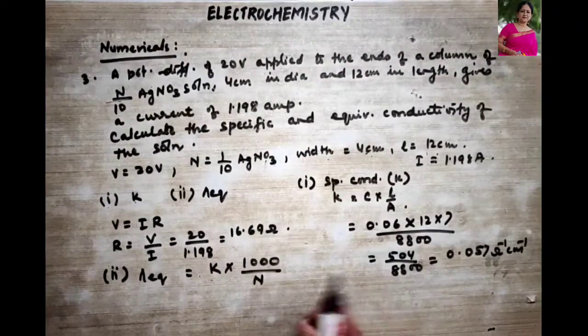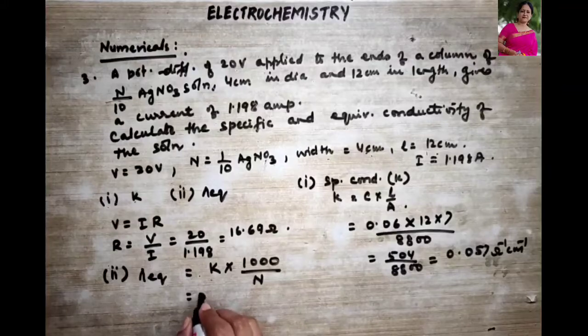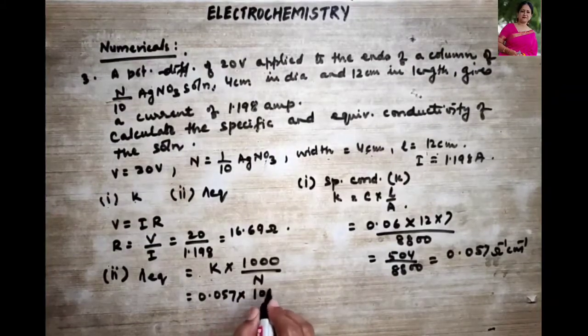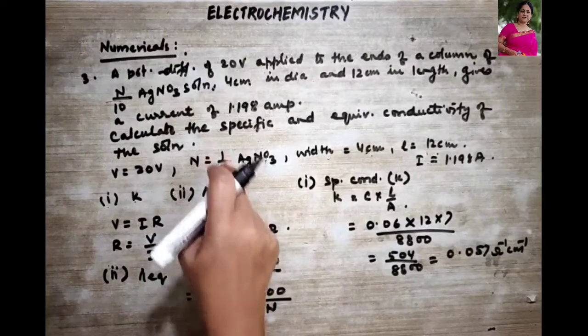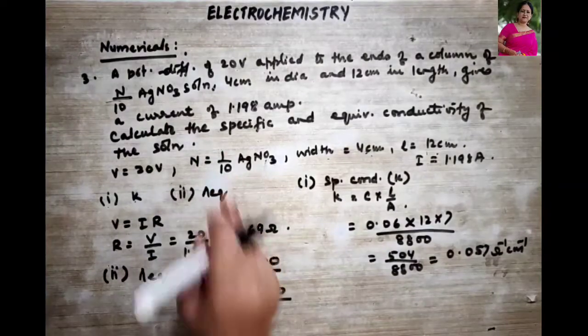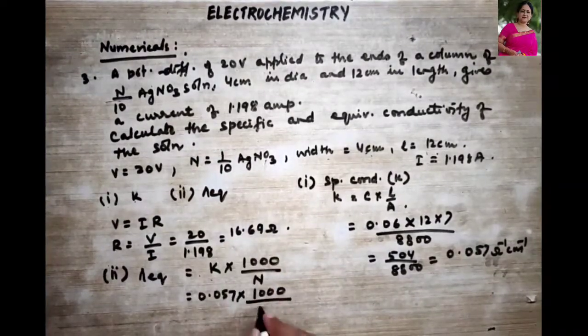So what was your K? K comes out 0.057 into 1000 upon N. And what is your N? 1 upon 10, so this means 0.1. Clear?